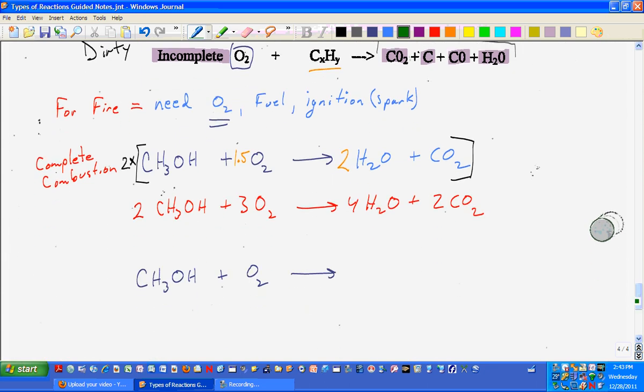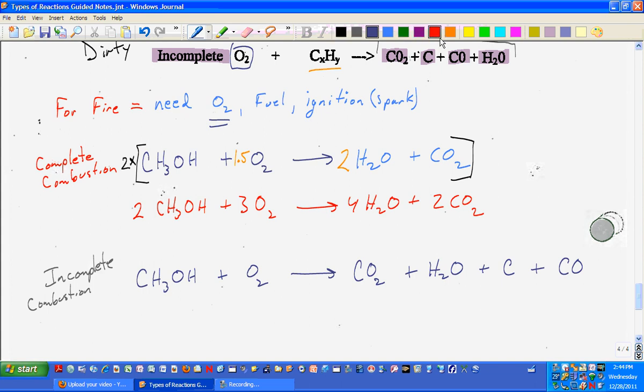All right, so if this is incomplete, that means for sure I'm going to get CO2 plus water plus carbon plus carbon monoxide. It doesn't really matter what order you write them in as long as you get them all on the proper side. Let's go ahead and balance this.